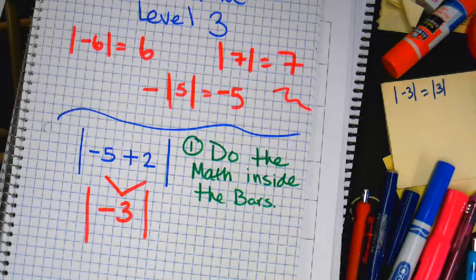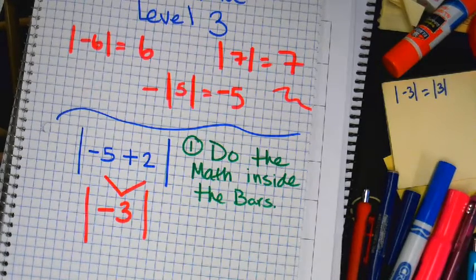Number 1 mistake is kids take away the bars too soon. Do the math inside first. So I'm going to do this math first, like the last 3 weeks. I get negative 3.